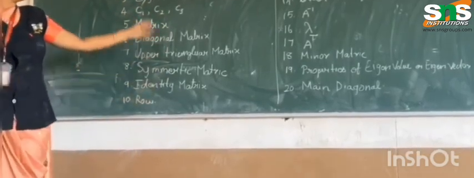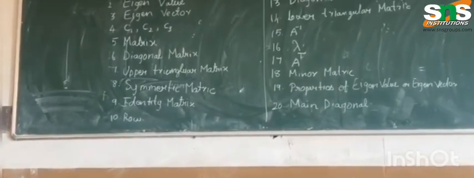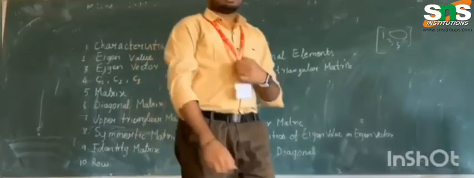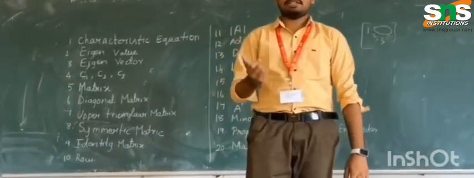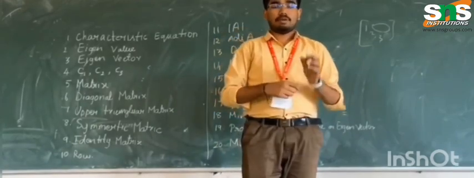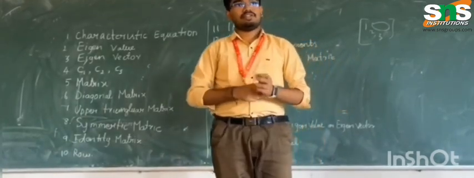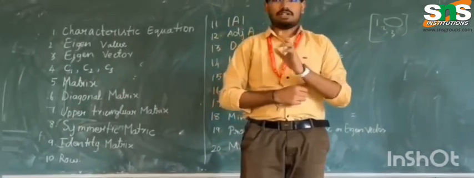Come, friend, and say what is the characteristic equation. The characteristic equation is obtained by solving the matrix. There is a 2 into 2 matrix and a 3 into 3 matrix. By solving the 2 into 2 matrix, we get lambda square minus lambda and so on.